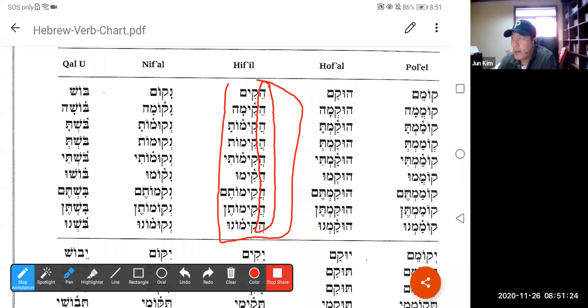Once again, in terms of the indicators of geminate, it tends to follow the diagnostics or the pattern of the hollow verb. Not all the time. That's why I told you previously that there is a great similarity between the hollow verb and geminate. So you think, oh, it must be a hollow verb, but you couldn't find it in the lexicon form because you need to put either shureq, holem plene, or hireq yod.